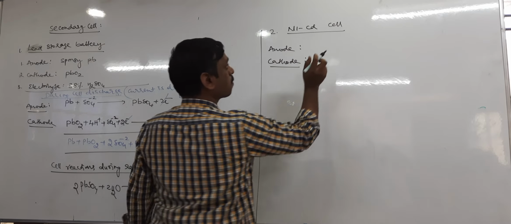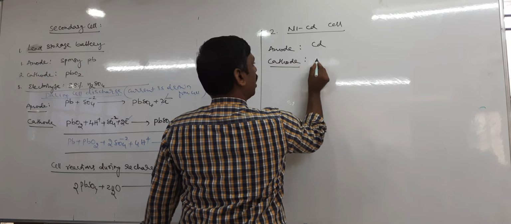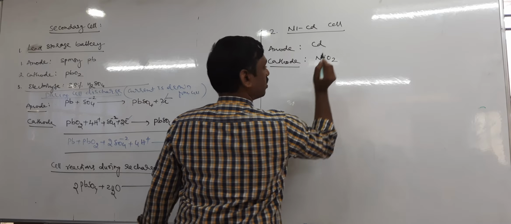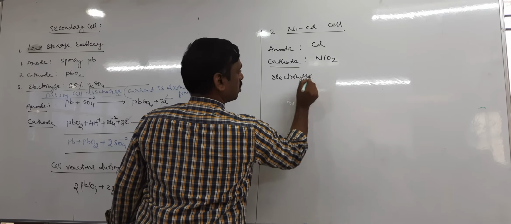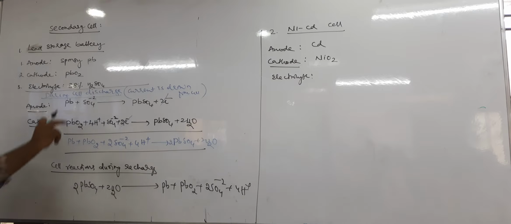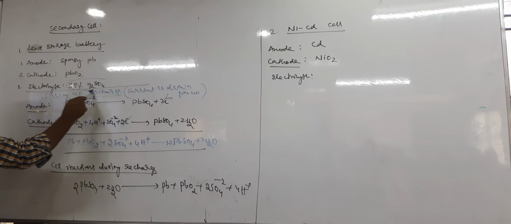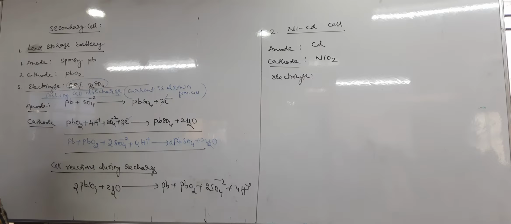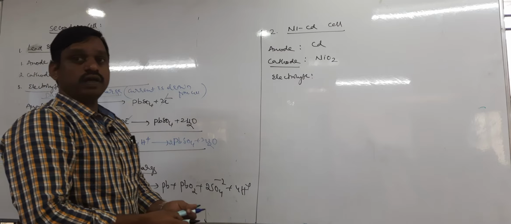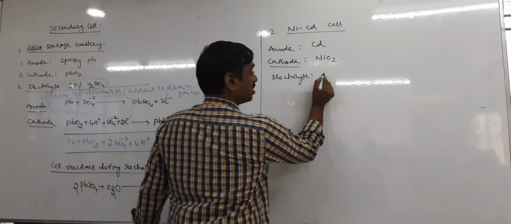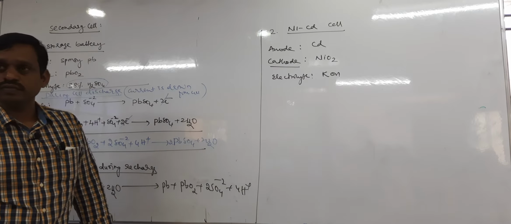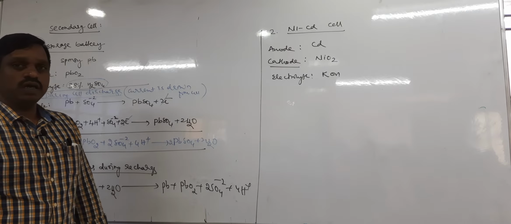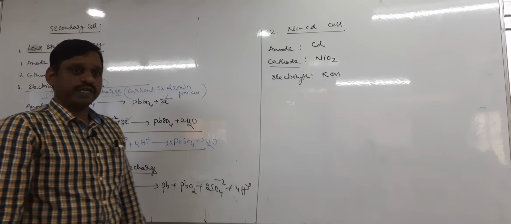The anode is cadmium, the cathode is nickel oxide, and the electrolyte is, see, in the lead storage battery, what is the electrolyte? It is 38% sulfuric acid, this is an acid. So acid is the electrolyte in the lead storage battery. Here it is a base, usually KOH is taken. So base is the electrolyte, KOH or NaOH can also be taken.